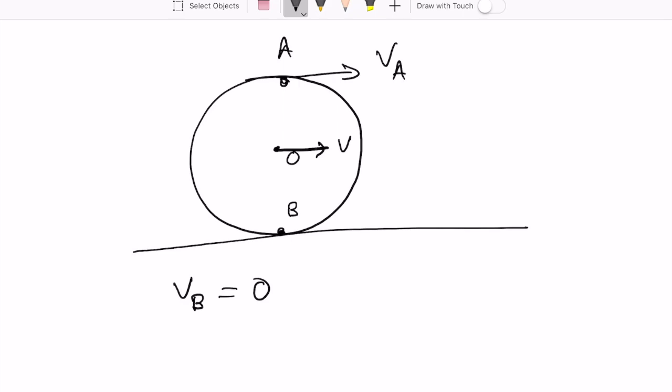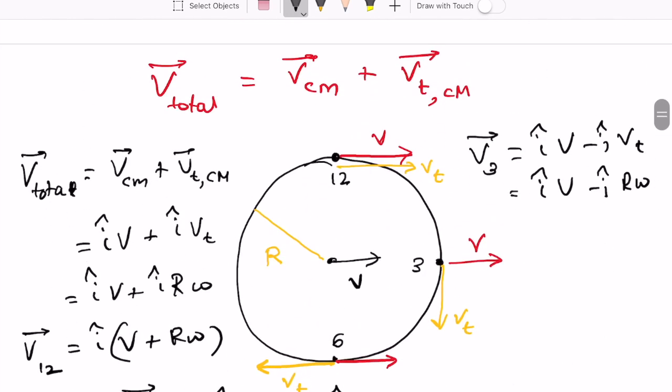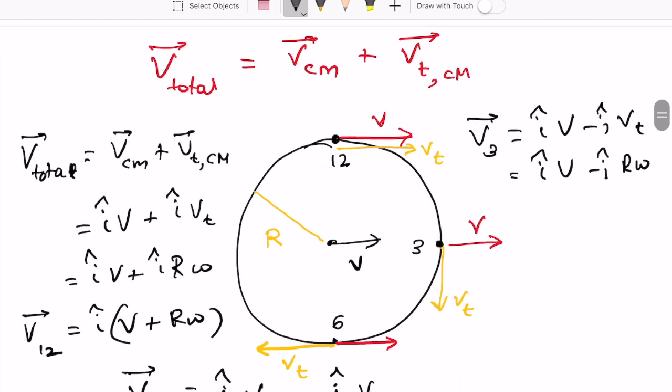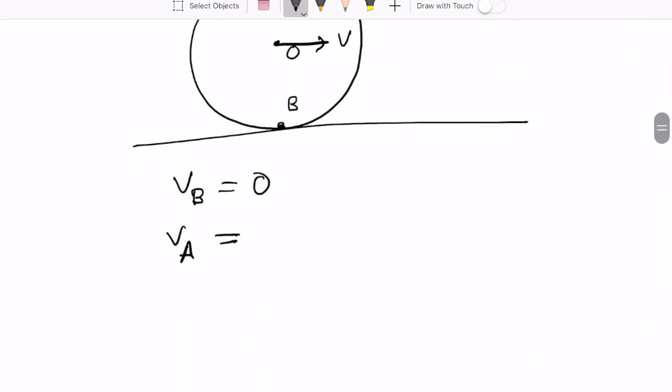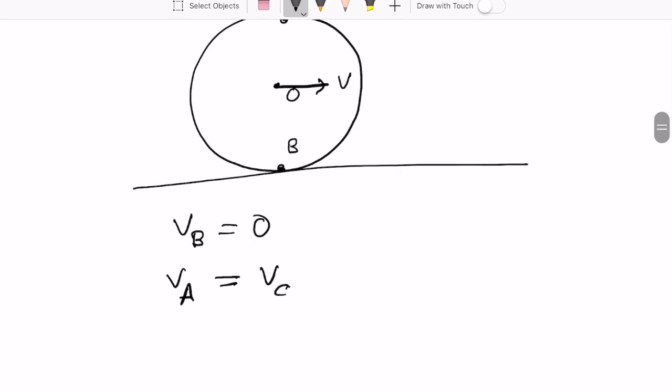What about Va? To find the velocity of the point A, we will use the relationship that we had derived earlier. Think about that problem with the clock. The velocity at A is basically the velocity of the 12 o'clock point, right? We've already derived that. The velocity of the 12 o'clock point was V plus R omega, so it's velocity of the center of mass plus R omega, which in this case is just V plus R omega.